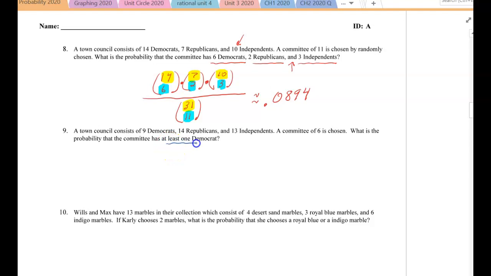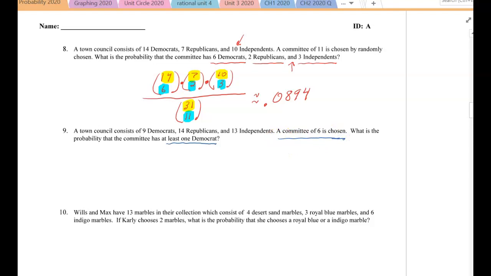It says at least 1 Democrat, and there are 2 ways you can do this problem. You can figure out 1 Democrat, 2 Democrats, 3 Democrats, 4 Democrats, 5 Democrats, and 6 Democrats. So we want a committee of 6 people.